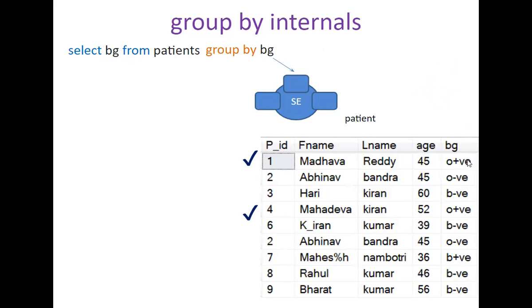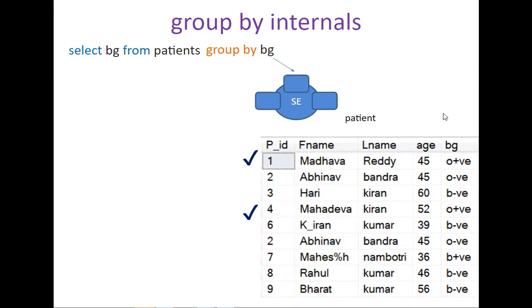O positive. Is there any other O positive value in the column? We have, right? So for patient ID 1 and patient ID 4, these 2 records' blood group is O positive. So those 2 records will be fetched.